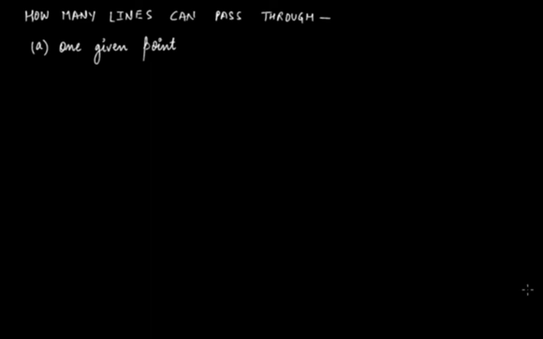So we have a question here: how many lines can pass through one given point? Suppose you have this one point, and it's asking how many lines can pass through this point. Well, let's see. You can draw one line, you can draw another line, then this, then let's say another line.